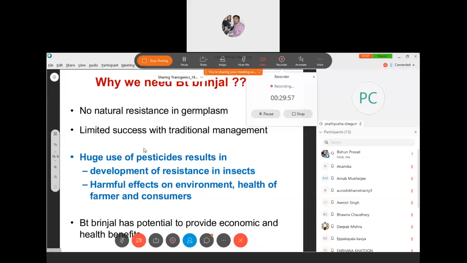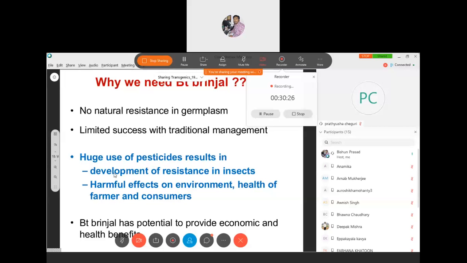If we use any management practices, some are reported, but they have limited success, we didn't get much success. And because of this, there is a huge utilization of pesticides, which results in the development of resistance in insects, because whenever you apply a large amount of pesticides, it causes resistance in the insect and harmful effects on the environment and the health of farmers and consumers.